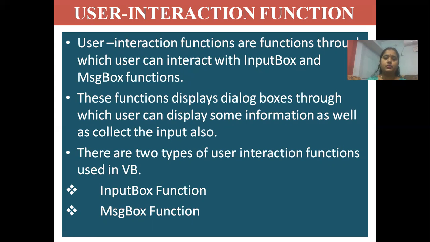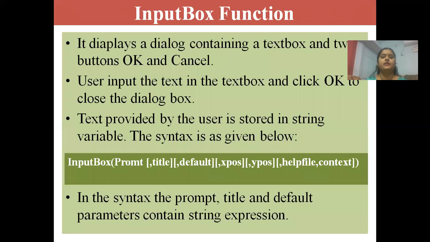So there are two types of interaction functions which are used in Visual Basic: the input box function and the message box function. So what is the input box function? The input box function displays a dialog containing a text box and two buttons, OK and Cancel.